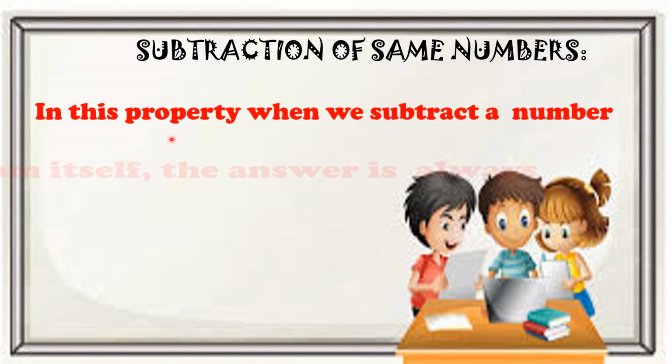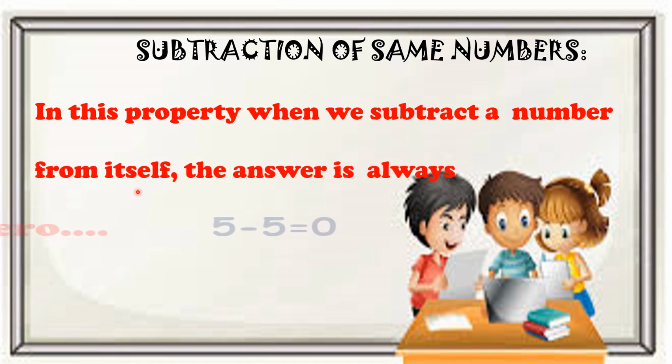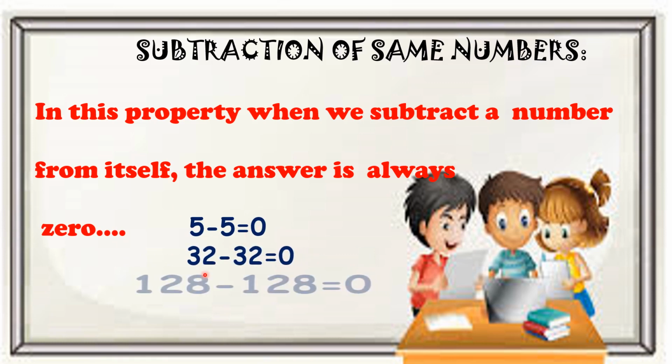In this property, when we subtract a number from itself, the answer is always 0. 5 minus 5 equals 0. 32 minus 32 equals 0. 128 minus 128 equals 0.